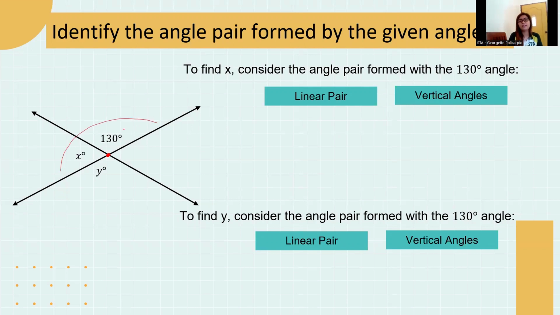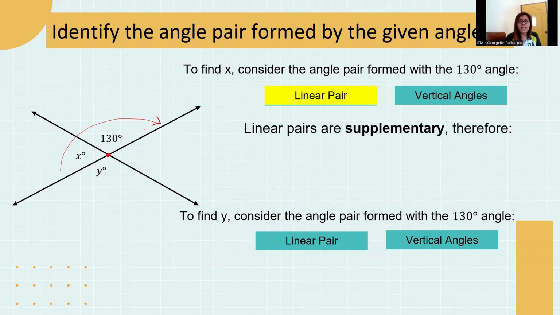Ayan, ito yung dalawang yan. Ano ba sila? Linear pair or vertical angle? Okay, so kung ang answer mo is linear pair, you're correct. So again, they are adjacent and forms 180 degrees.